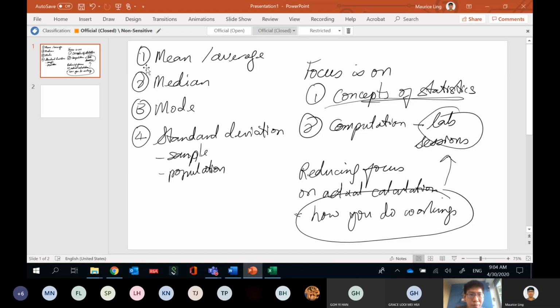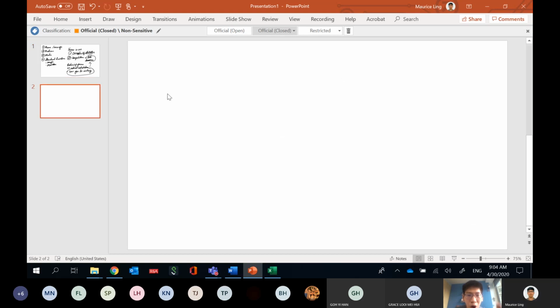Concerning the median, first we need to arrange the data in ascending order, and then we need to identify whether there is an even or odd number of numbers given in the data.